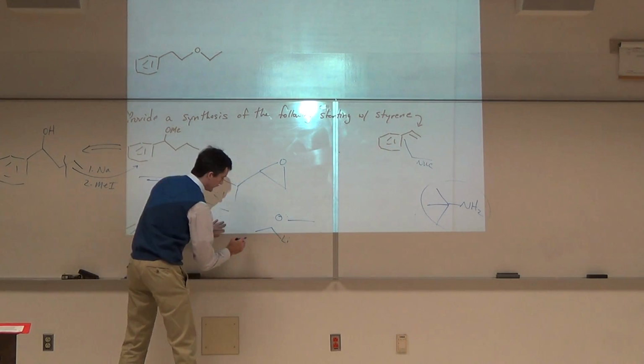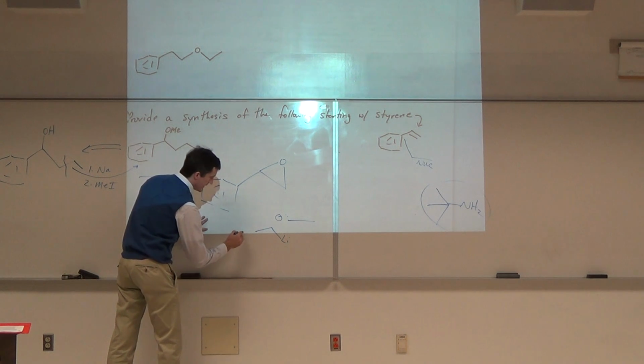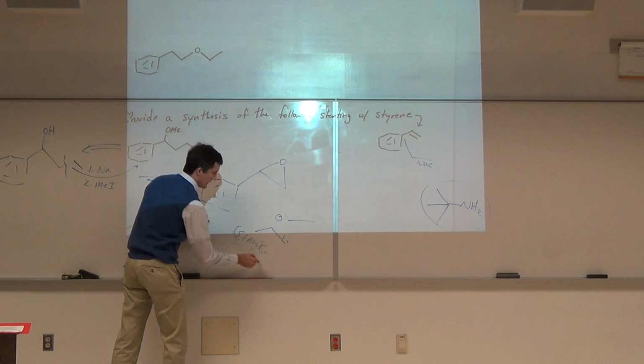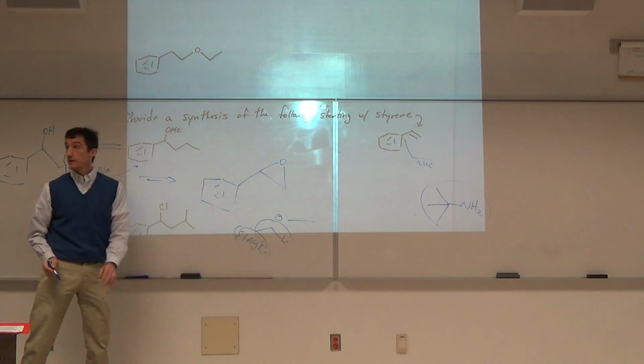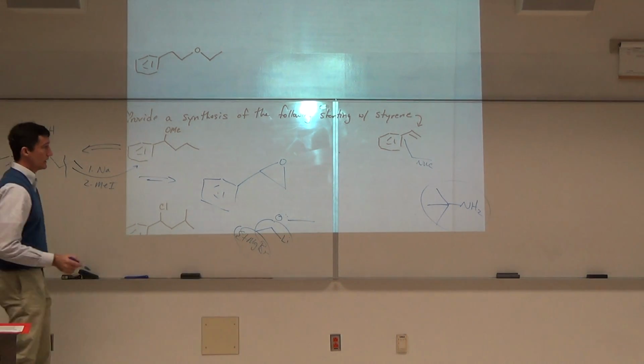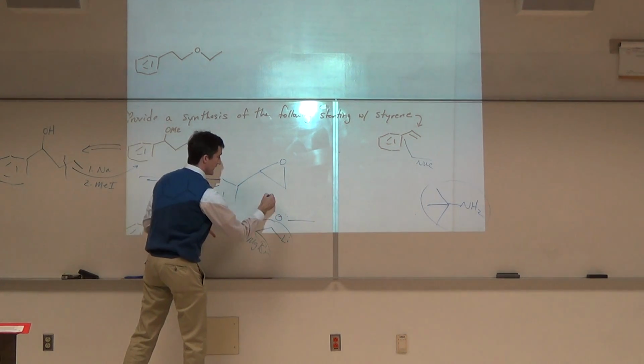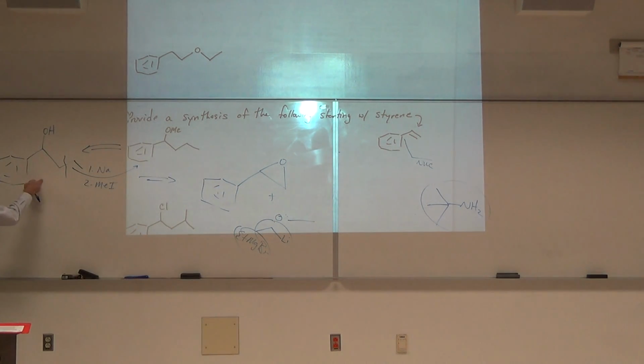Like an alkyl lithium, or I'll abbreviate it, maybe ethyl magnesium bromide. Okay? But if you had these 2 and reacted them, would it give this? You've got to work it up to put the proton on it.